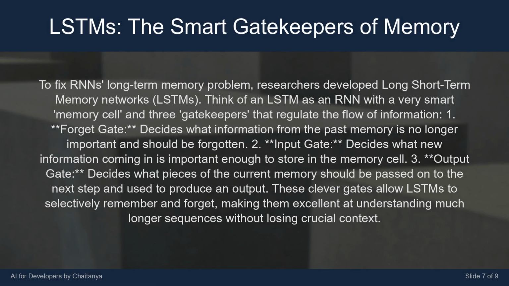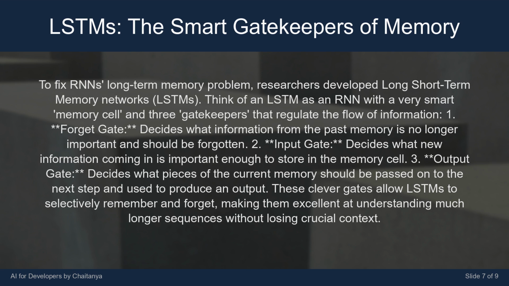To fix RNN's long-term memory problem, researchers developed long short-term memory networks, LSTMs. Think of an LSTM as an RNN with a very smart memory cell and 3 gatekeepers that regulate the flow of information. 1.